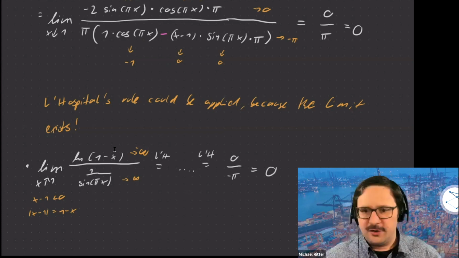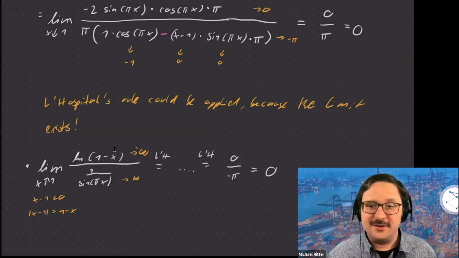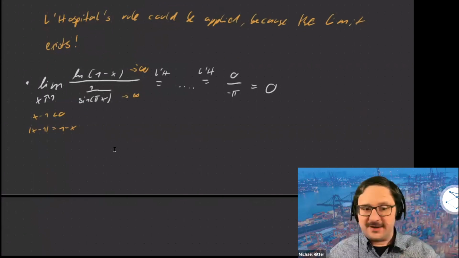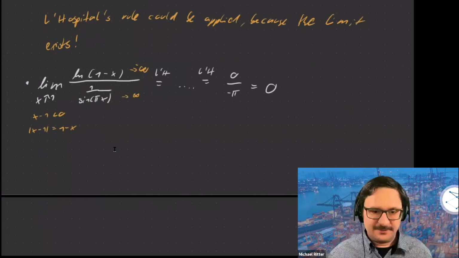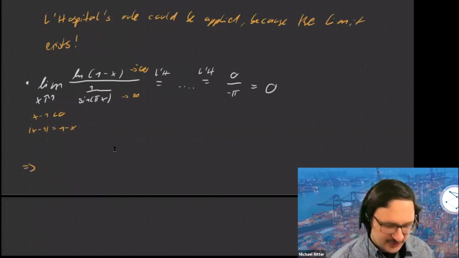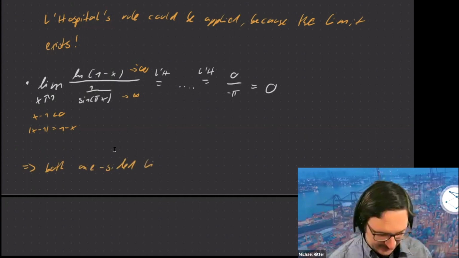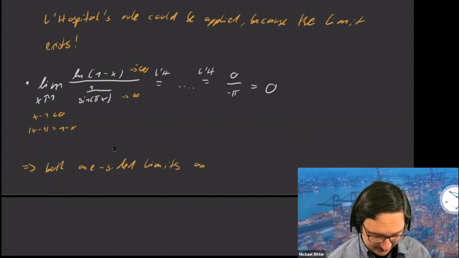I'm not going to bother you with the details. That's a nice exercise you can do for yourself. So what that means is both one-sided limits exist. And that, in effect, also means that the original limit exists. So both one-sided limits exist, and they have the same value.